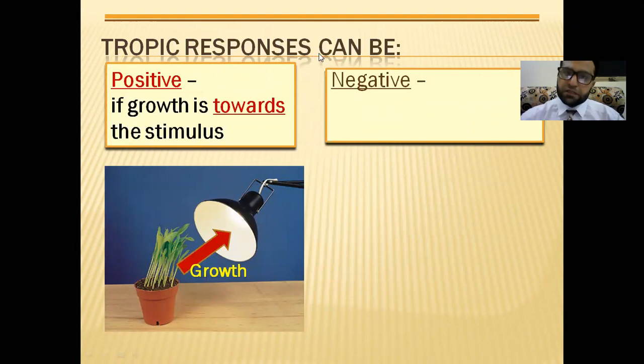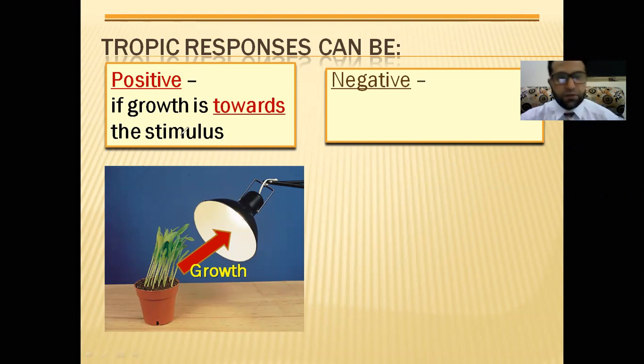Tropic responses can be positive, right? It can be positive or it can be negative. If the growth is toward the stimulus, if the plant is growing toward that stimulus, in that case, the tropic response will be positive.